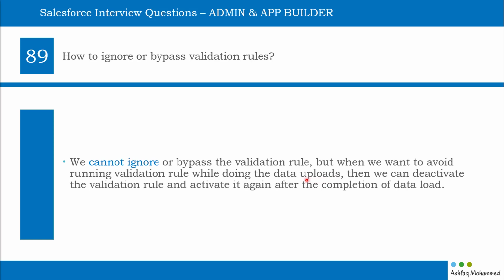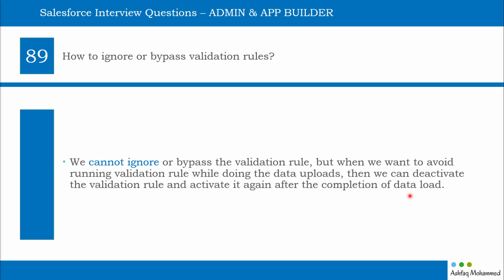At that time, what generally people do is deactivate the validation rules and activate them again after the completion of the data load. This is a one-time activity. When we are loading the data, I can stop the validations and reactivate them later on.